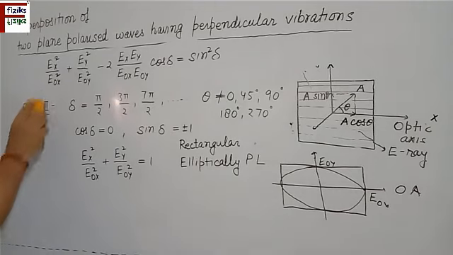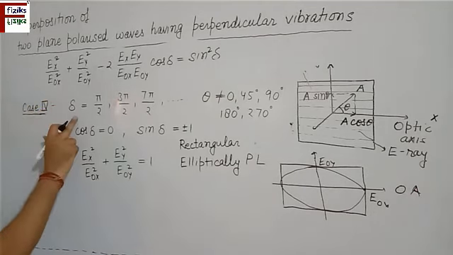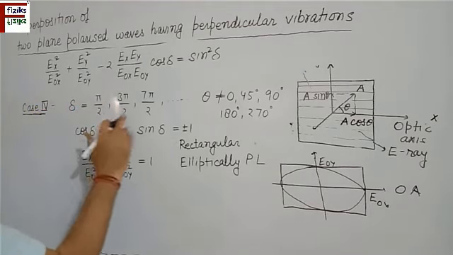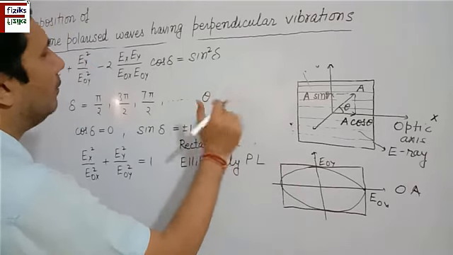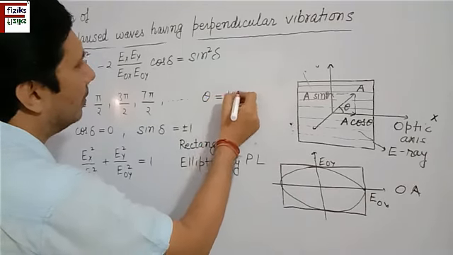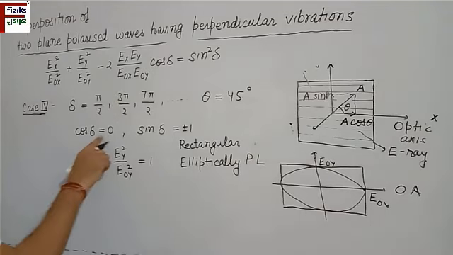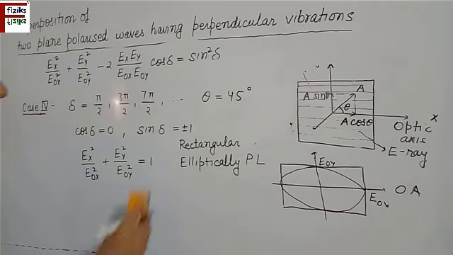Now case number 4. If delta is equal to pi by 2, 3 pi by 2, but theta is equal to 45 degree, then cos delta will again be 0 and sin delta will be plus or minus 1.